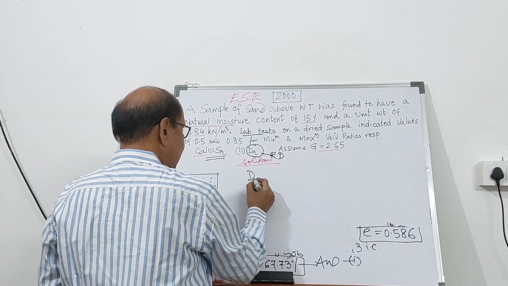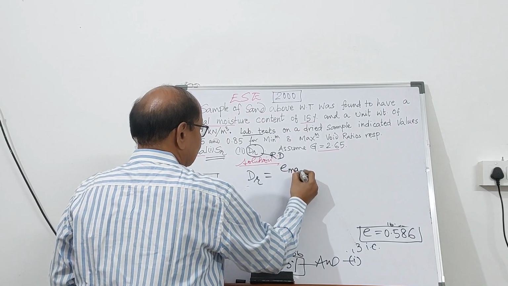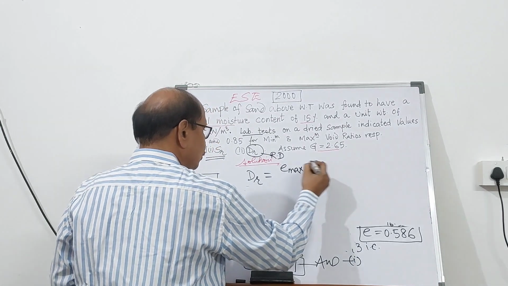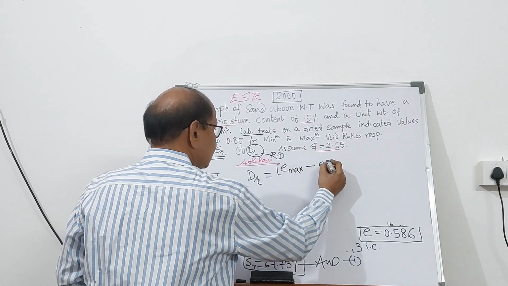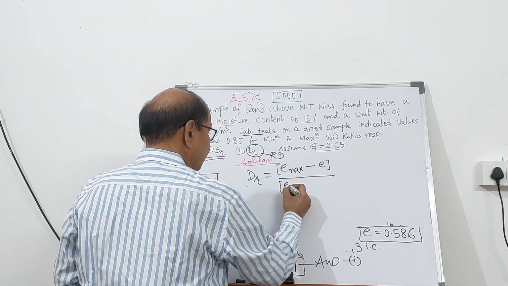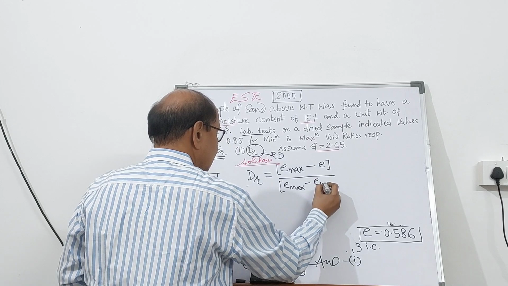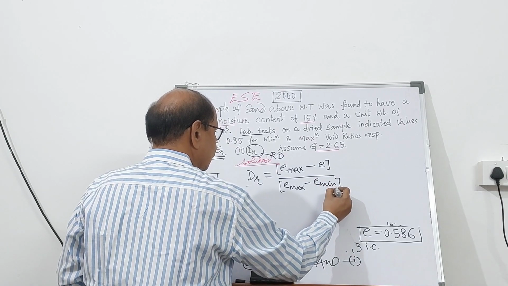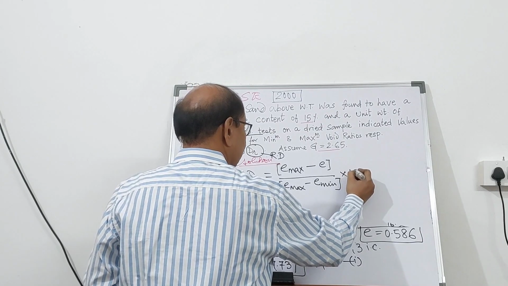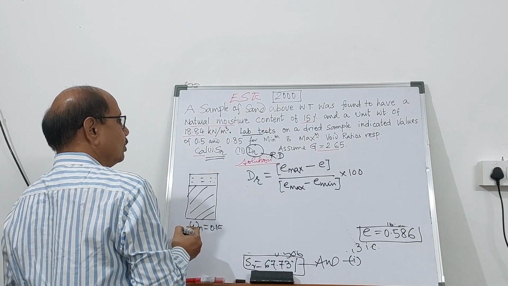Dr equals the maximum void ratio minus the void ratio at the site, divided by the maximum void ratio minus the minimum void ratio, into 100, so that you get the relative density in percentage.